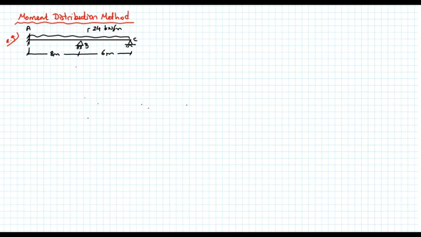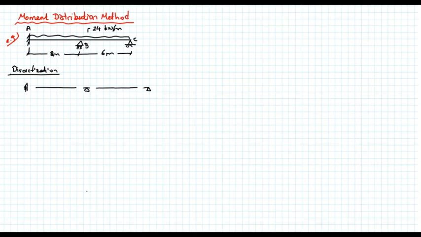Now our solution will start with the discretization, as we always do. Let's simplify the structure and decide how we want to analyze it. Now, in this structure, we have two members and three nodes.